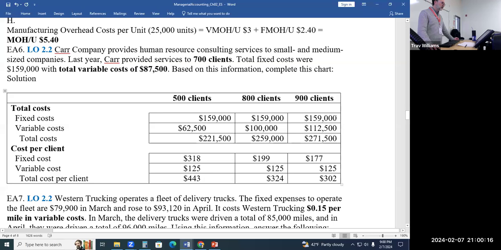So what you might notice, our total fixed costs stay the same at every level of production, but the total variable costs increase, right? The more we produce. Our fixed cost per client goes down the more we produce, and our variable cost per client stays the same.